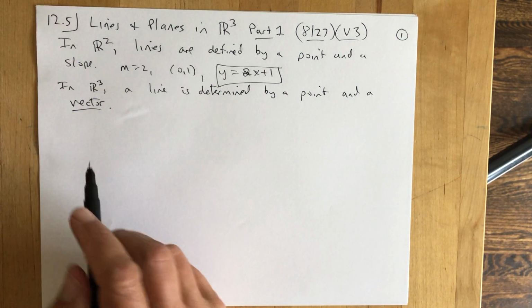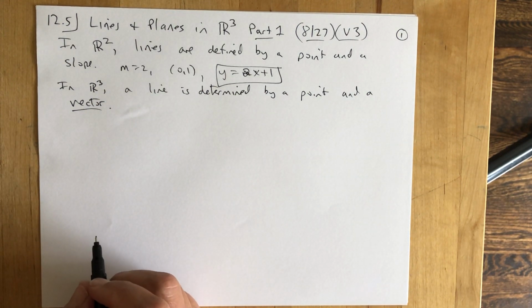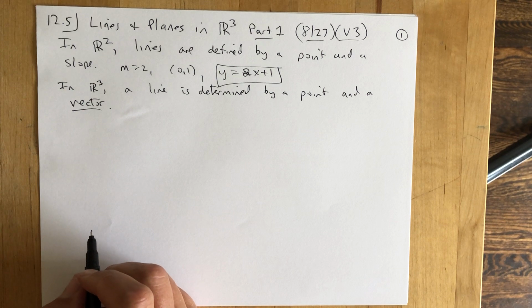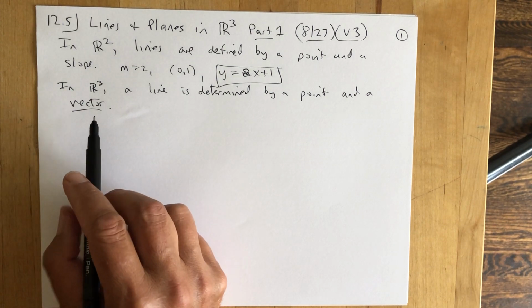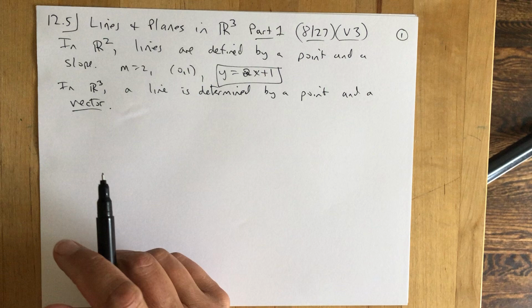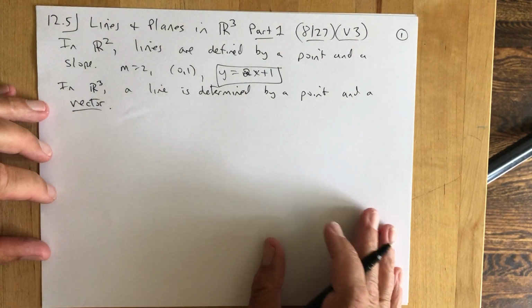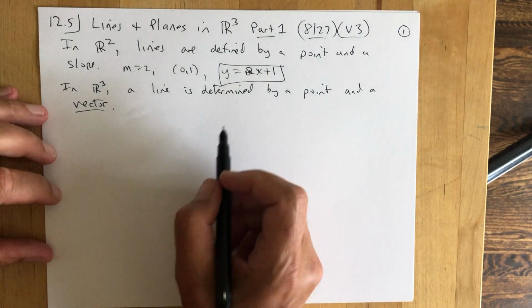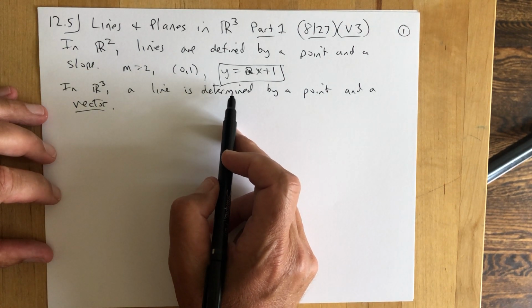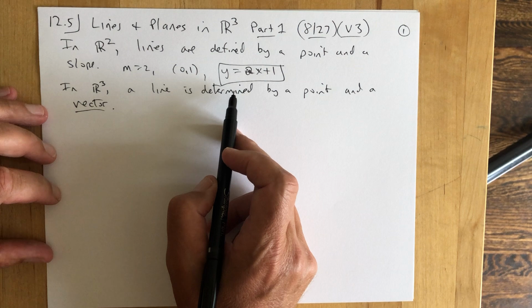Right, because what does a vector do? A vector gives, in 3 space, or any space, direction and magnitude, and all we need is a direction. The magnitude is infinity with a line, right? So we're trying to get to the equation of a line in 3 space.